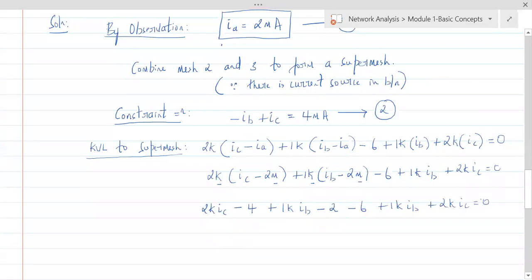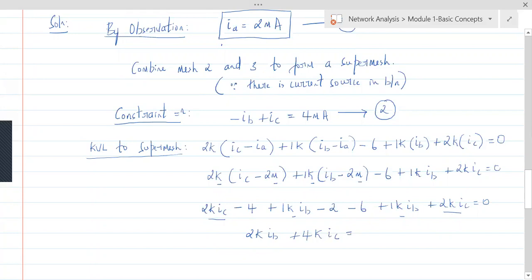So what will you be getting totally? How many IBs first? 1 IB, then here another 1K IB. So 1K and 1K IB, that would be 2K IB. How many ICs? 2K here, then 2K at the end. So totally 4K IC.